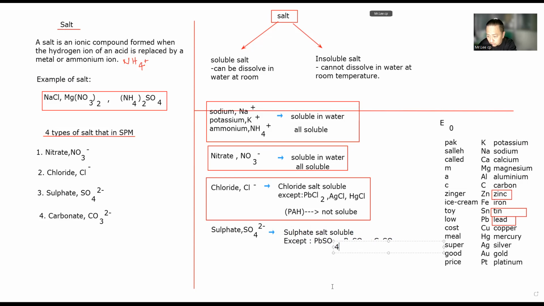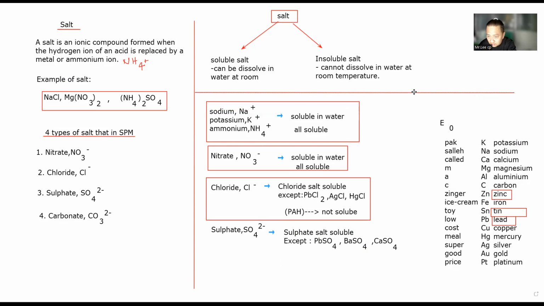Lead, not soluble. Barium, not soluble. And then calcium, not soluble. Now you ask me, teacher, where is barium? Barium is not inside the list. This one is for you to refer only, not 100% helpful. 没有100%. Let you understand only.